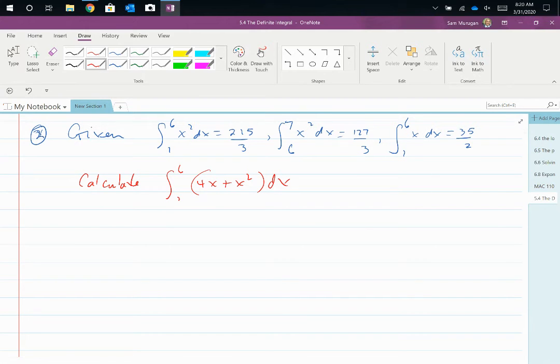So we're going to split this up into two separate integrals based on the rules that we have. Between 6 and 1, 4x dx, plus between 6 and 1 of x squared dx.